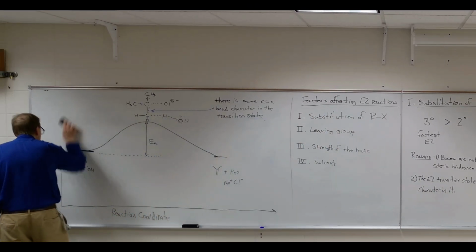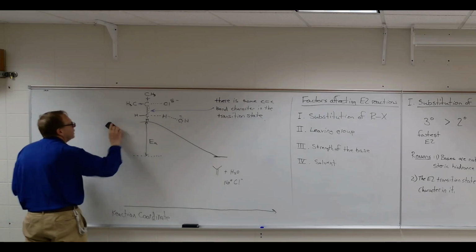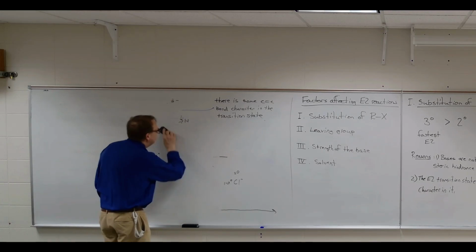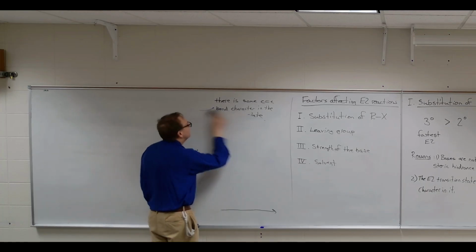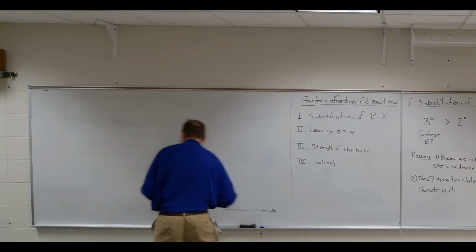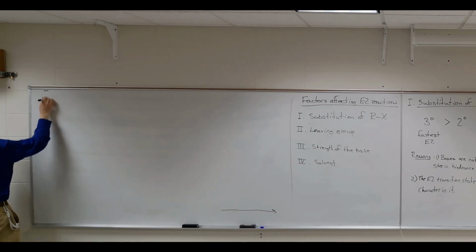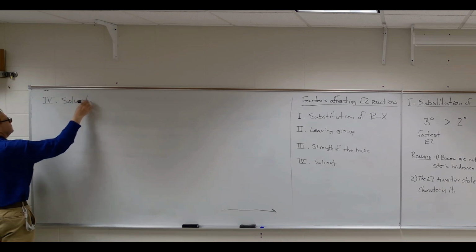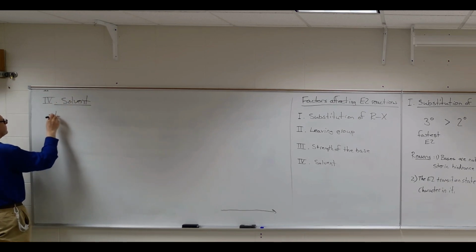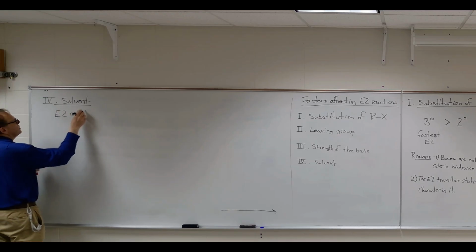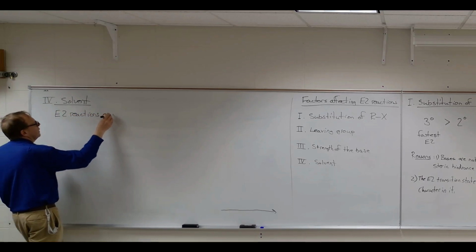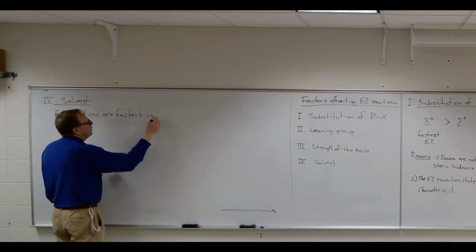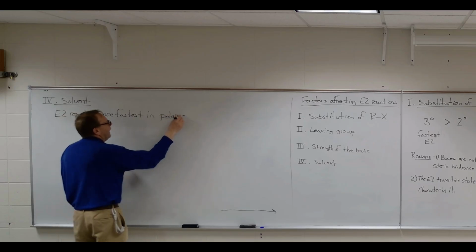Right, and then there's one more factor here for E2, and that's solvent. So factor number 4 is the effect of solvent on E2. E2 reactions are fastest in polar aprotic solvents.